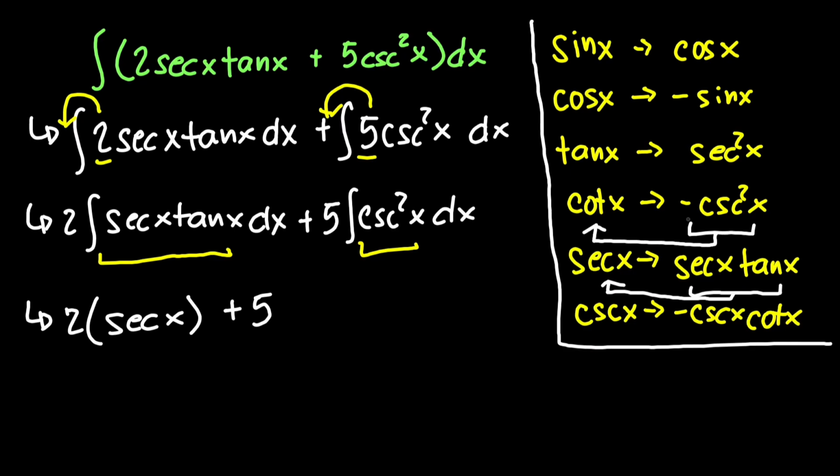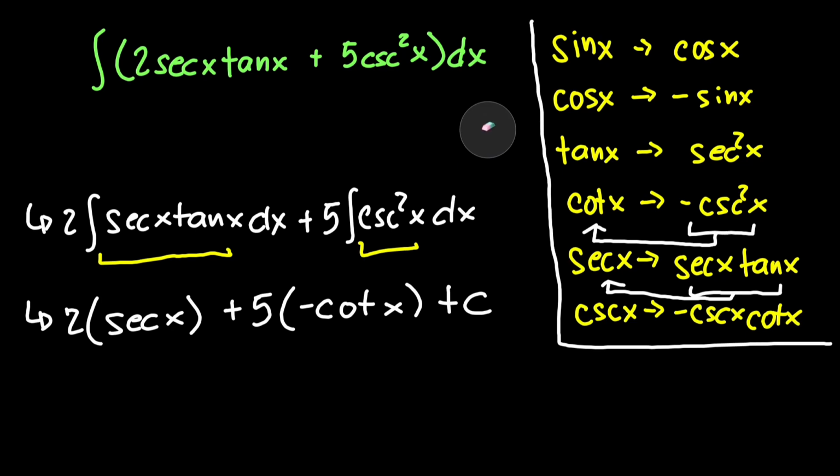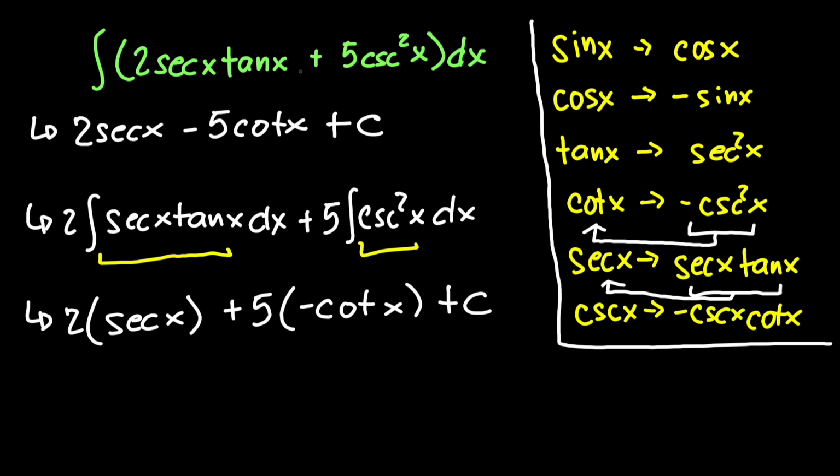But since in our table it is equal to negative cosecant squared, this would be equal to negative cotangent of x plus c. And so the final answer right here would be equal to 2 multiplied by secant x minus 5 cotangent of x plus c.